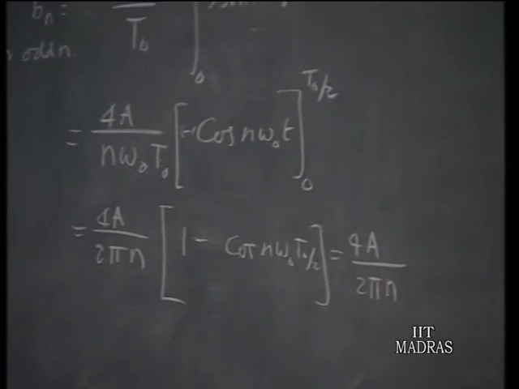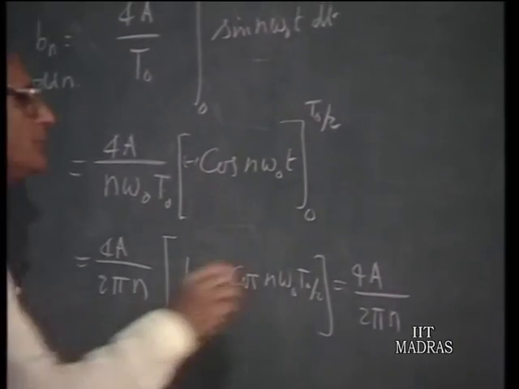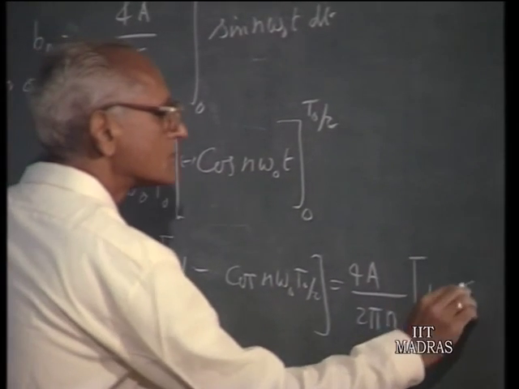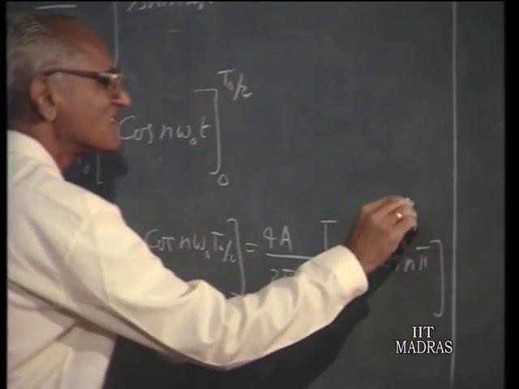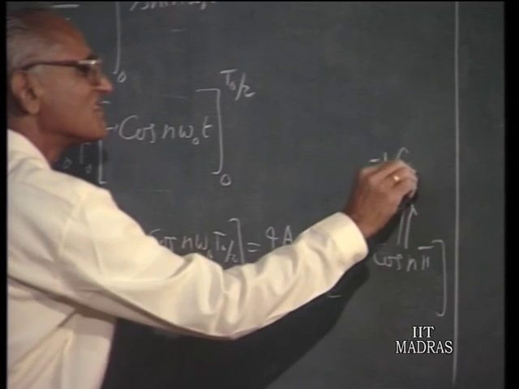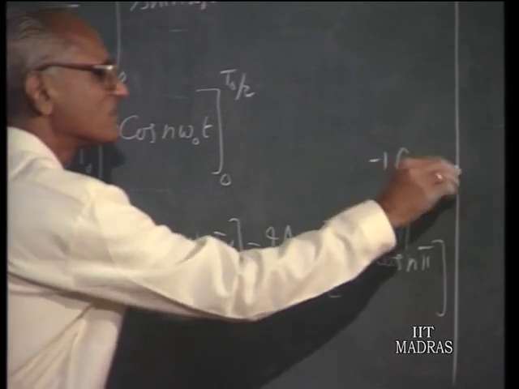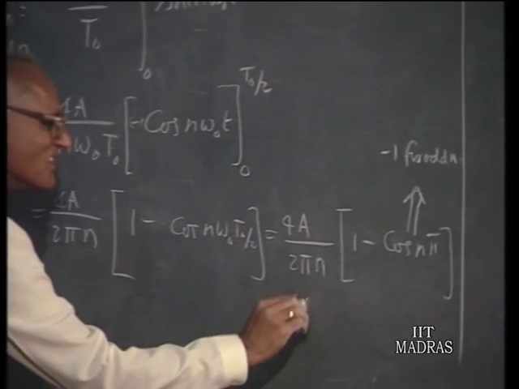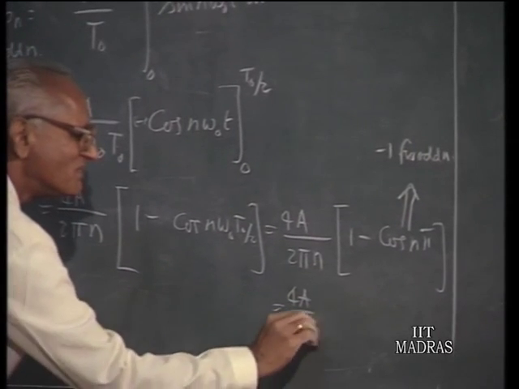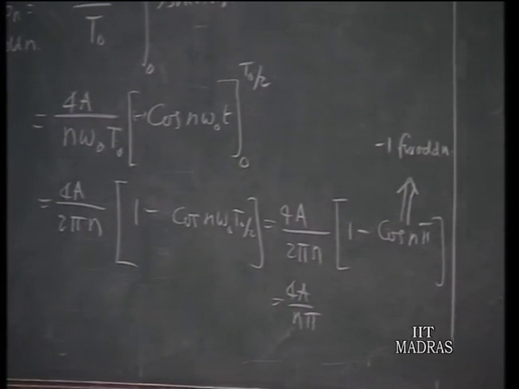So, cos n pi will be minus 1 and therefore this will be 4a by n pi. So only Bn terms are present.